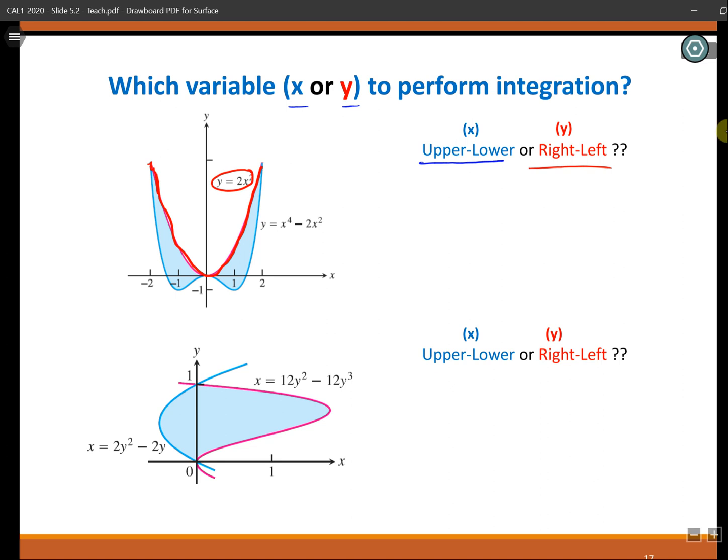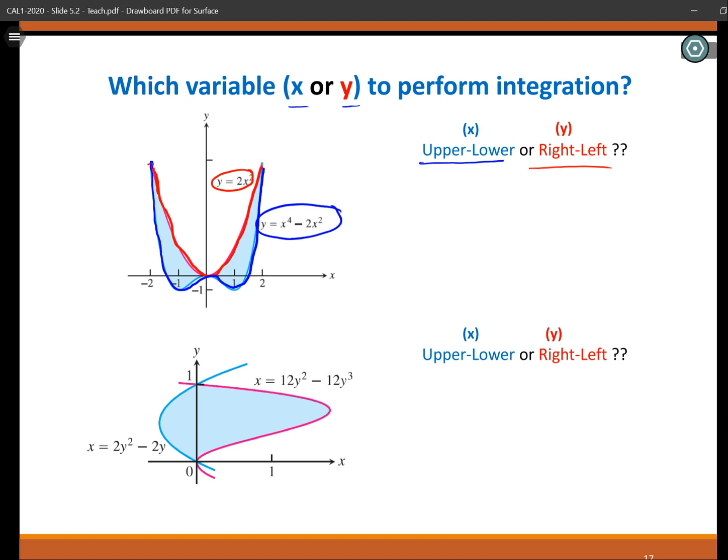And then we have this blue line right here, and this blue line is y equals x to the fourth minus 2x squared. The question is, do you see upper and lower or right and left?